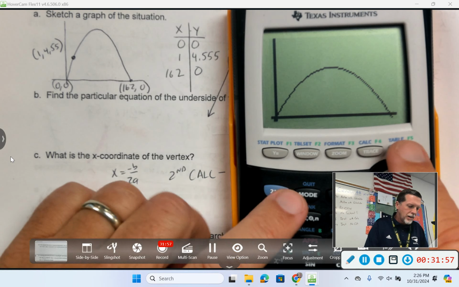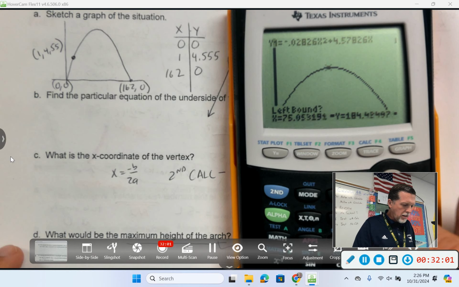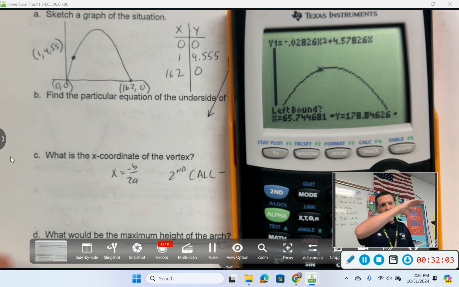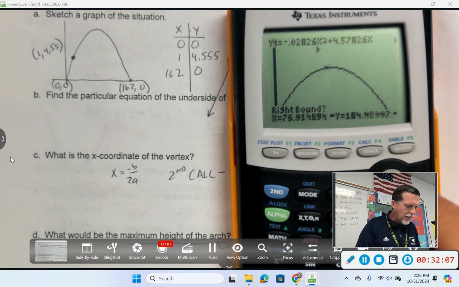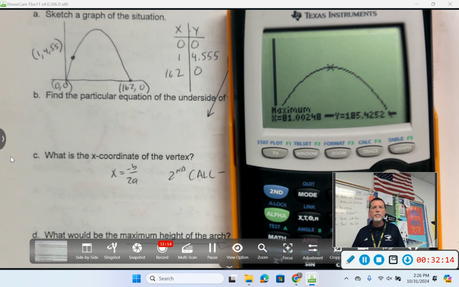While I'm here, second calc max. Left bound. Oh, this one's kind of tricky because it seems like it flattens out for a while. So make sure you're definitely to the left and definitely to the right, and then guess anything in the middle. So there's my x-coordinate.